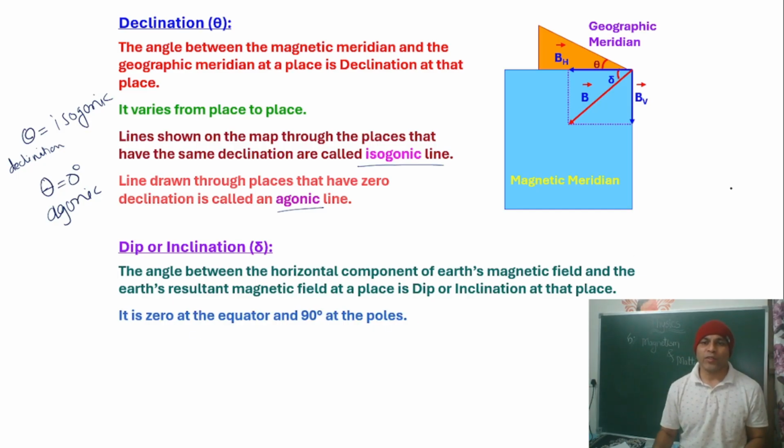Okay, so when the Earth is there, this is the geographical axis, for example, here, right?